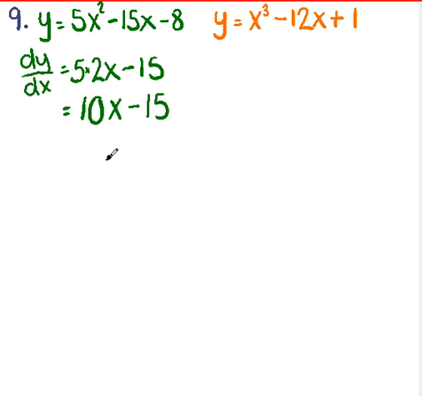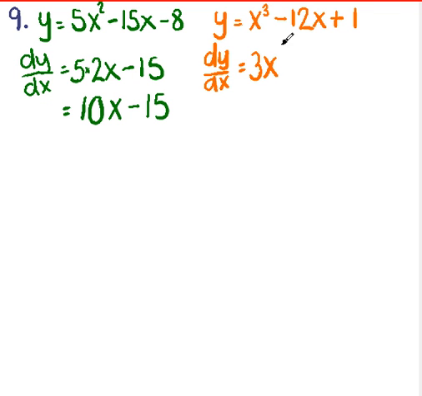Now we want to do the same thing for the second graph. So again, differentiating, we have dy by dx and we have our 3 coming down to multiply.